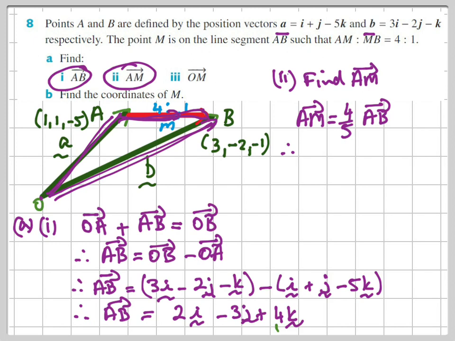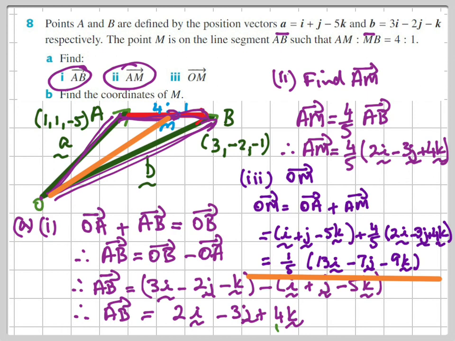And so therefore AM is equal to 4/5 of 2i minus 3j plus 4k, and I need to underline my individual components there, and I can leave my answer like that actually.